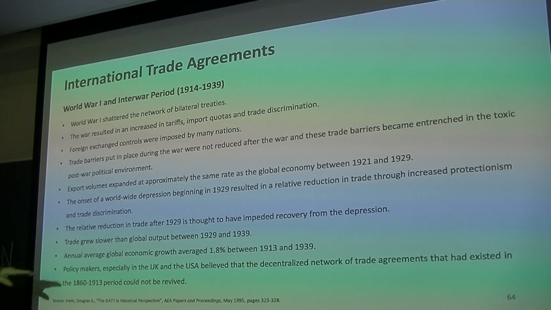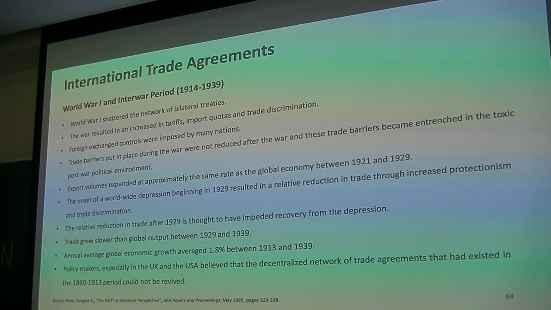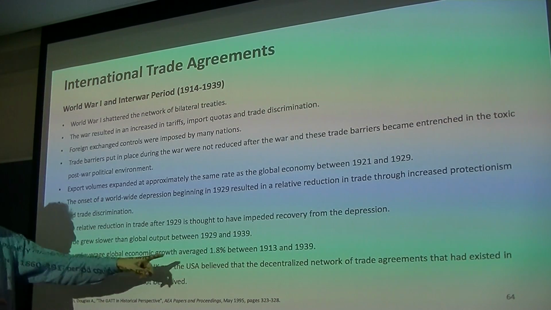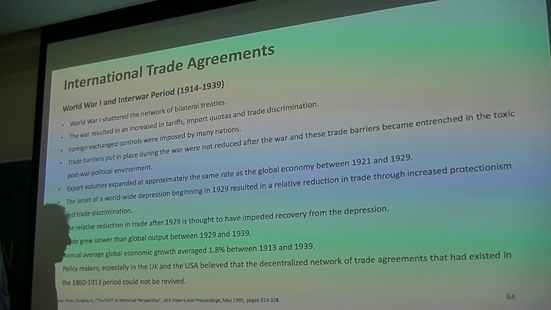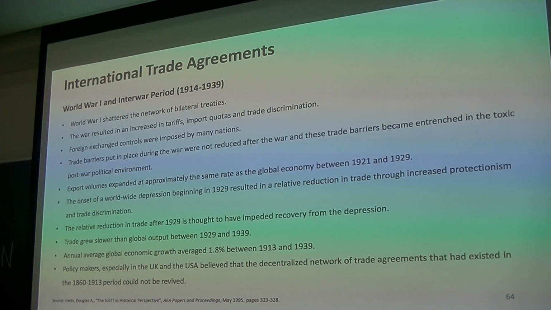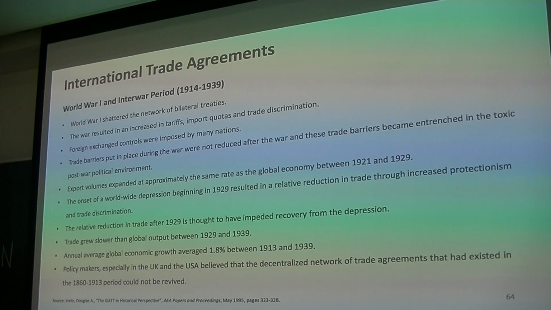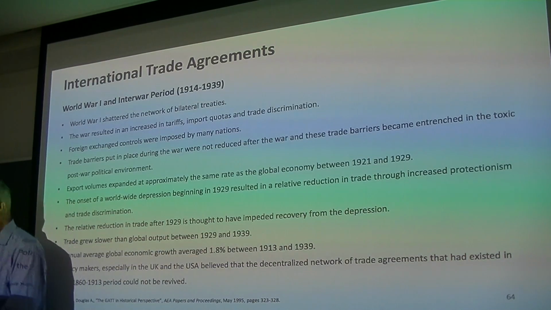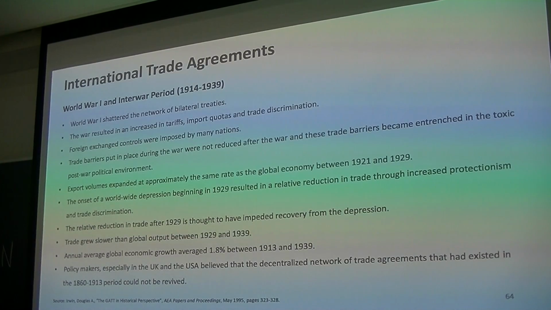Annual average global economic growth was only 1.8% between 1913 and 1929. That's very low. Global GDP growth, 1.8%. Real GDP growth is very low.